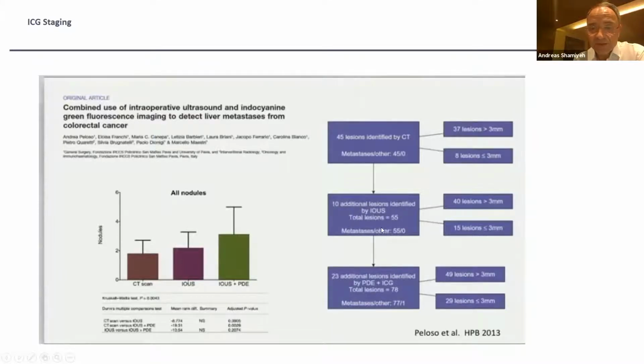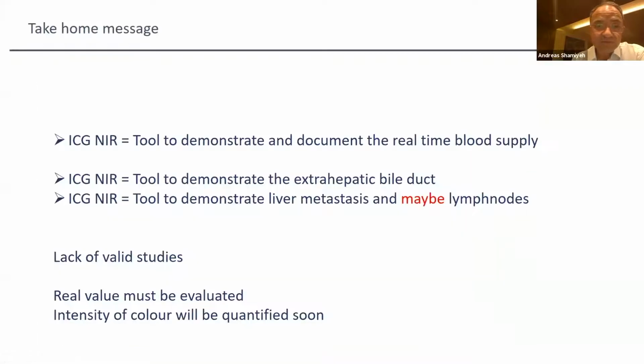So the total group now is 55, and extra by use of ICG, and this PDE is just the name of the infrared camera, they found another 23, so they could find 78 lesions. Only CT scan it was 45, CT scan and ultrasound 55. So this is highly impressive if you use it correctly, what you can do for benefit for your patients.